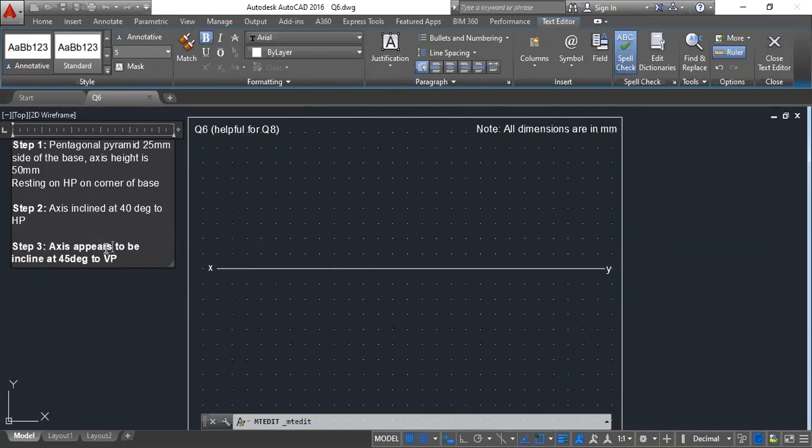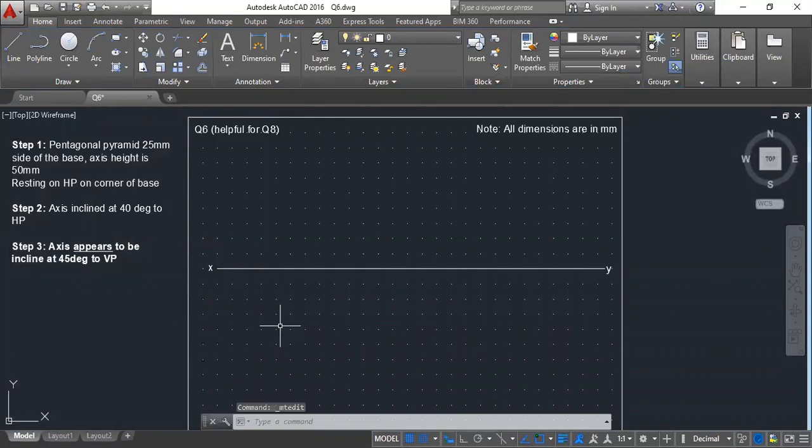So just remember this particular word appears. We'll talk about that in step 3. I'll tell you what is the importance of this word there.